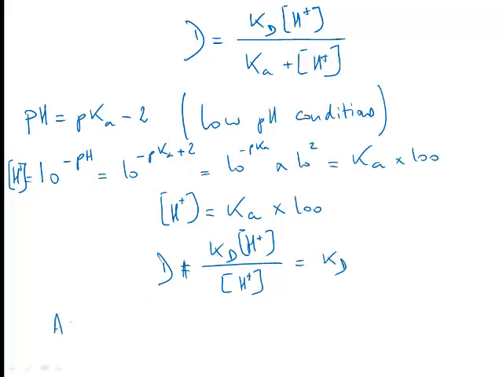So at low pH conditions, D of an acid is equal to Kd.